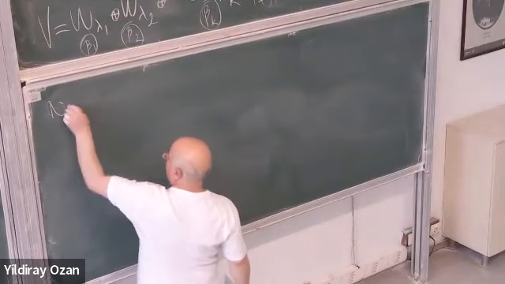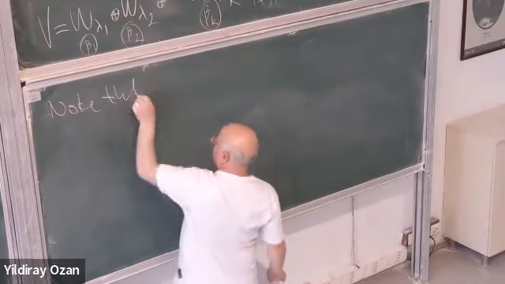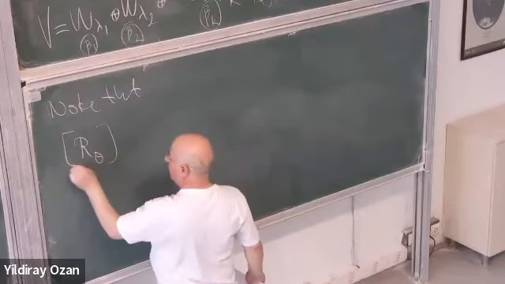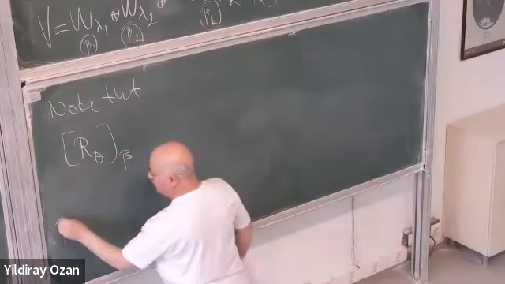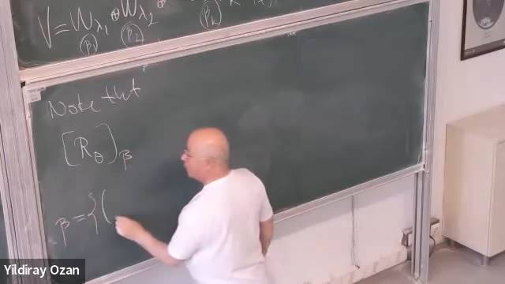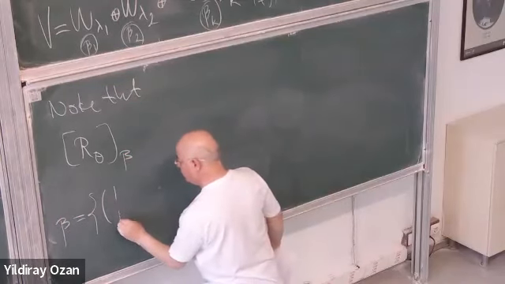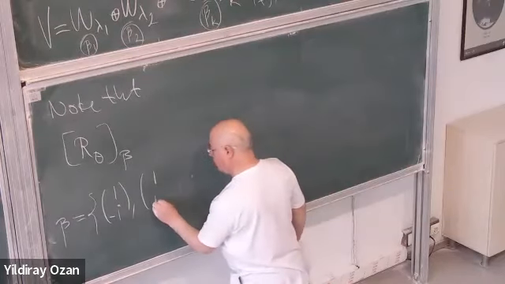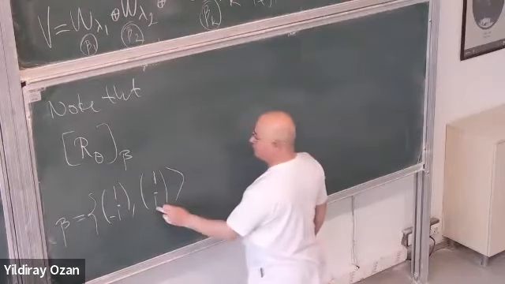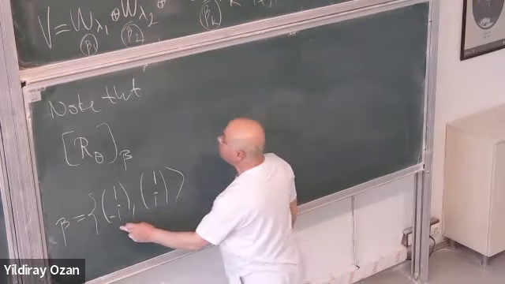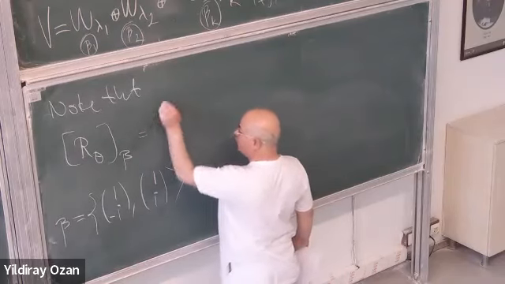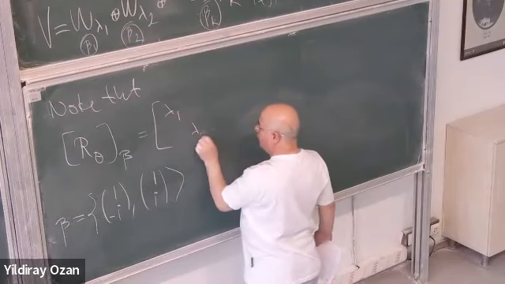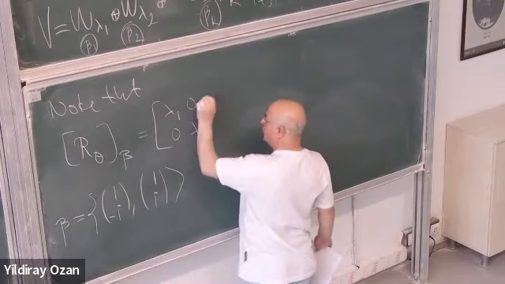Note R theta in this basis, let's say beta being this basis, 1 minus I and 1 I. So this is the first basis element. This is the second one. So here I will have lambda 1, and here I will have lambda 2.